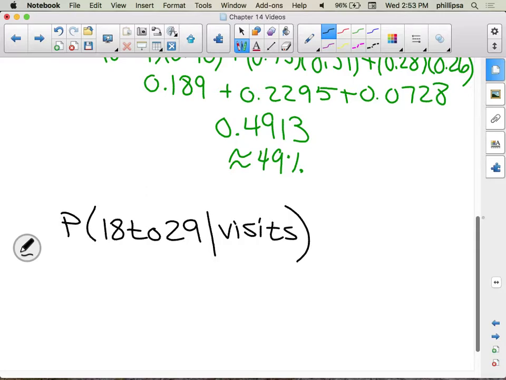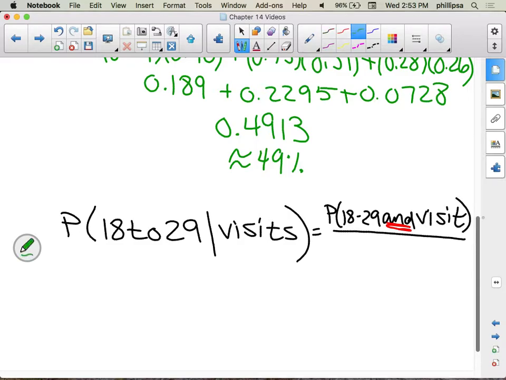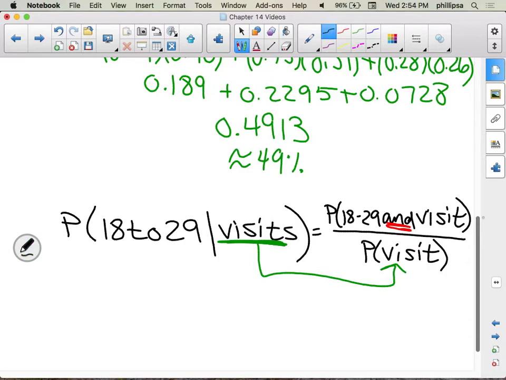So what we're going to do here is put the probability that they're 18 to 29 and visit over that given, right? The given that they visit. That's always the denominator, whatever the given condition is in the probability.